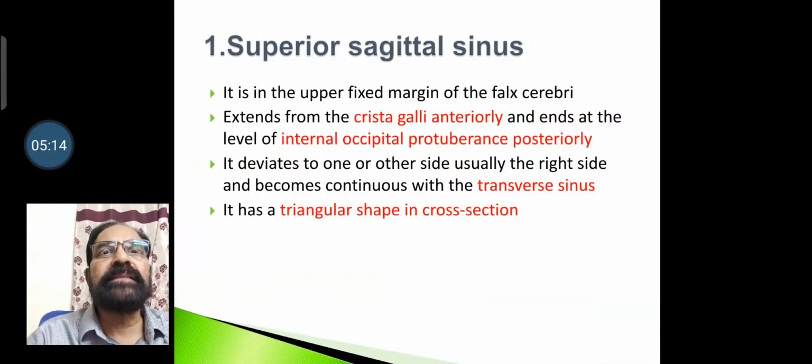Superior sagittal sinus. It is in the upper fixed margin of falx cerebri. It extends from crista galli anteriorly and ends at the level of internal occipital protuberance posteriorly. It deviates to one or the other side, usually to the right side, and becomes continuous with the transverse sinus. It has a triangular shape in cross section.